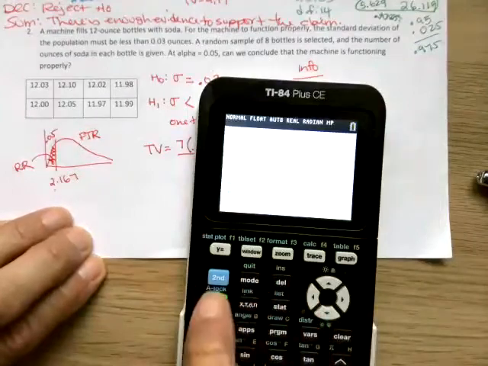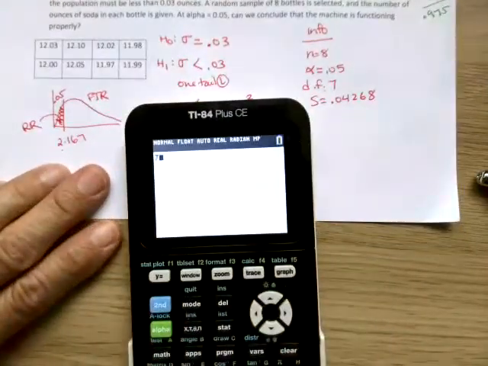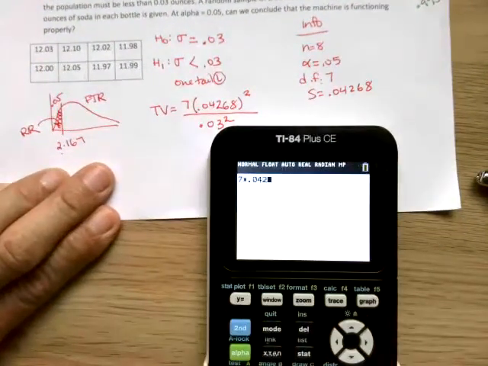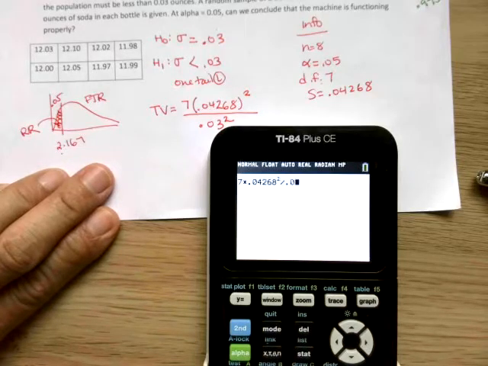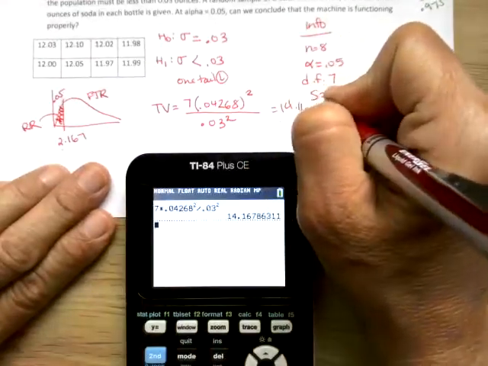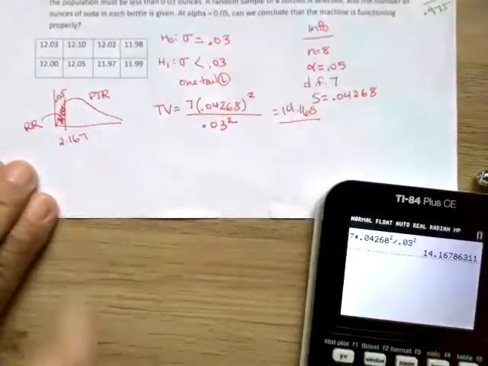So I'll quit this mode. So second quit takes you out. And then here we go, 7 times 0.04268 squared divided by 0.03 squared. Enter. So that test value is 14.168.